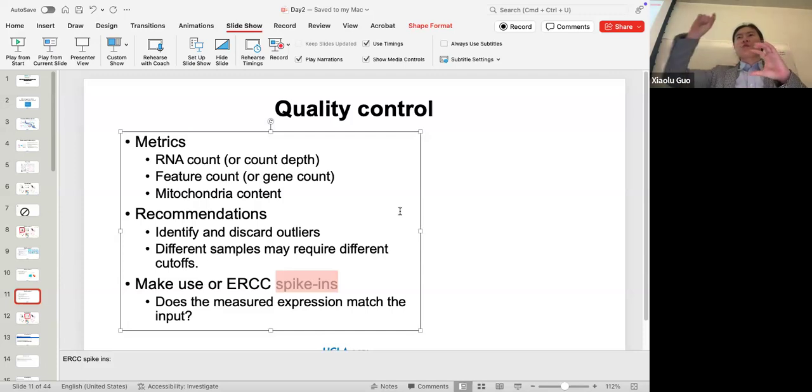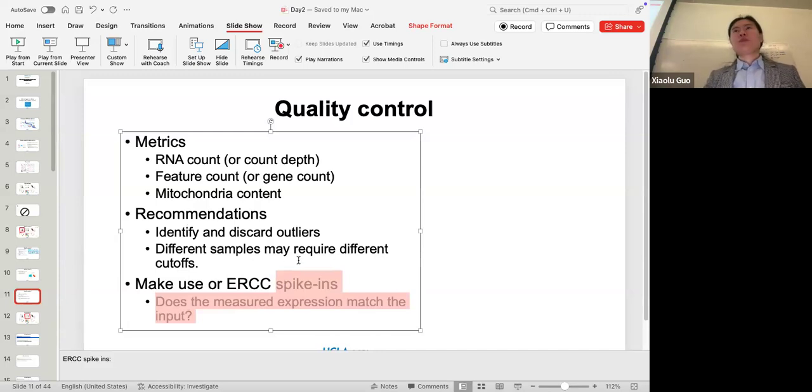Because they know the spike-in amounts, they can see from the gene expression matrix whether what they measured aligns with the original amount. If it aligns, it means a good experimental pipeline and the data is more reliable. So they sometimes also use spike-ins for quality control.